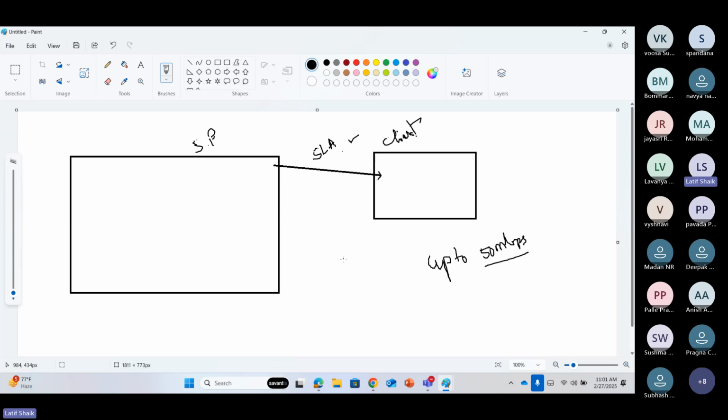No one is saying anything. Understand this point? Up to. Answer: what is meant by up to 50% discount, up to 75% discount?